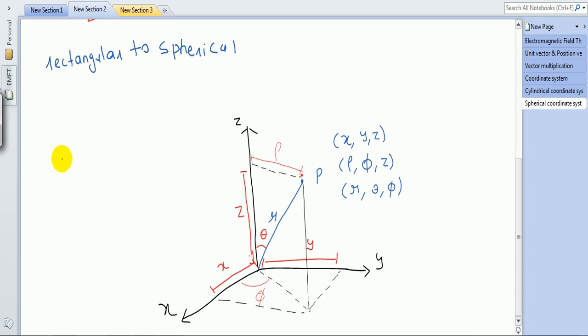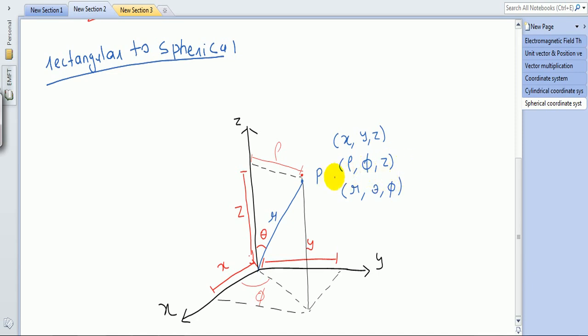So we will find r, theta and phi in terms of x, y and z. So you can see that this is r, and I have written coordinates of P in terms of x, y, z, rho phi z and r theta phi, like in all the three coordinate systems.